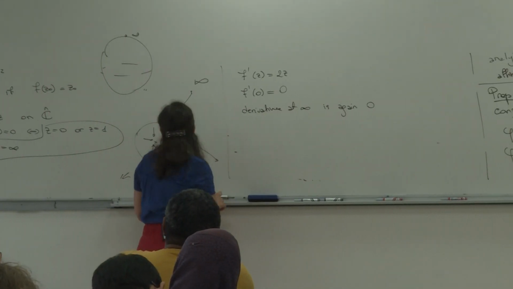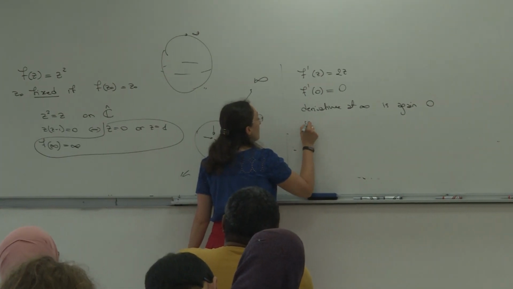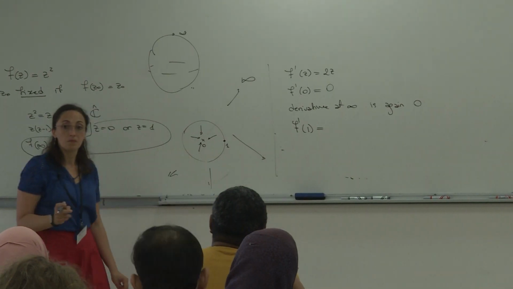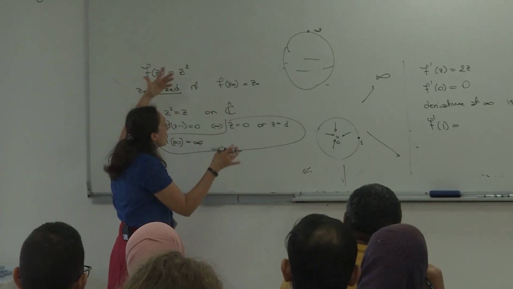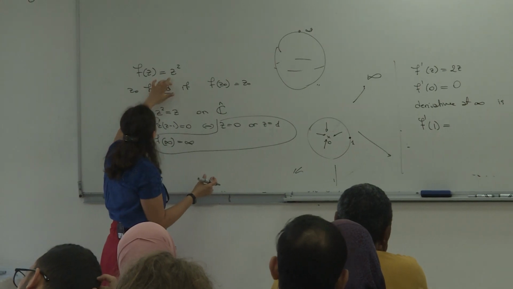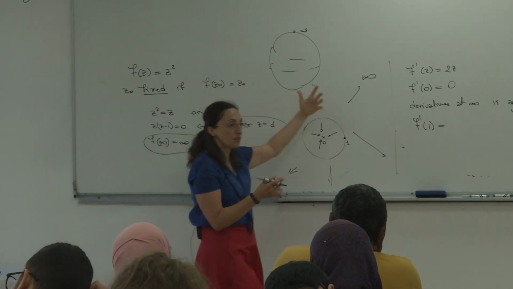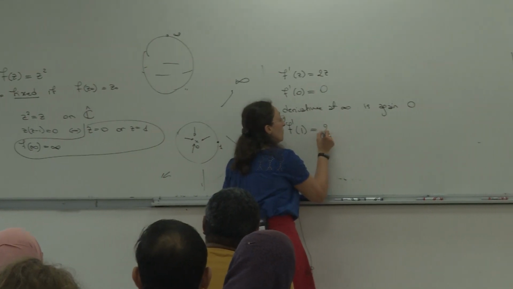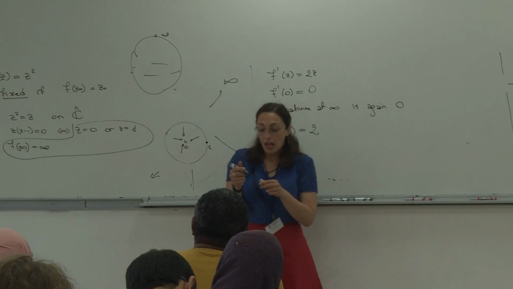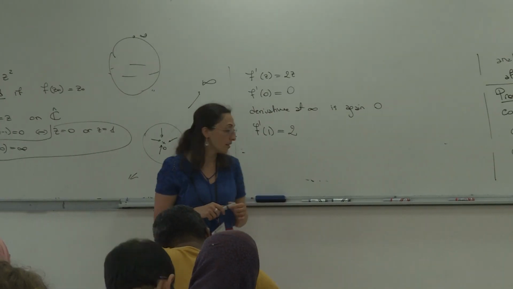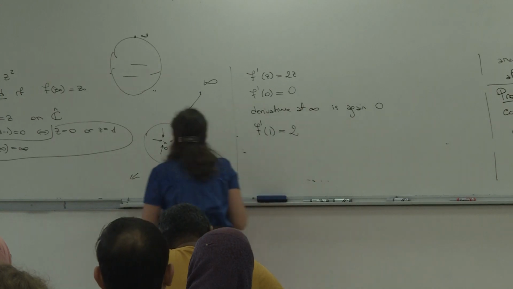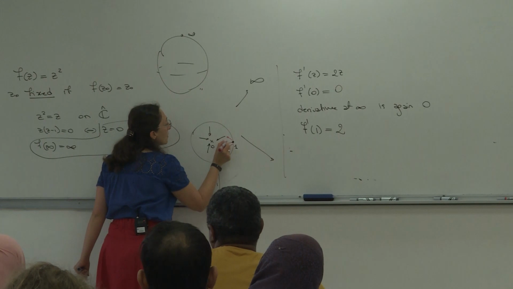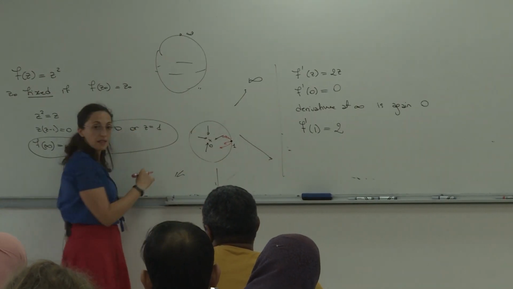And what happens at 1? Well, 1 is just an easy point. The derivative is 2z, and so at 1 it's 2. And what do we see at 1? If I pick a point on this side, these points are going to go towards 0.